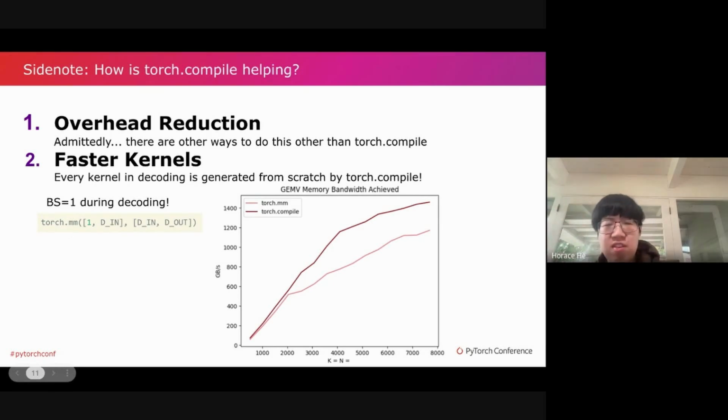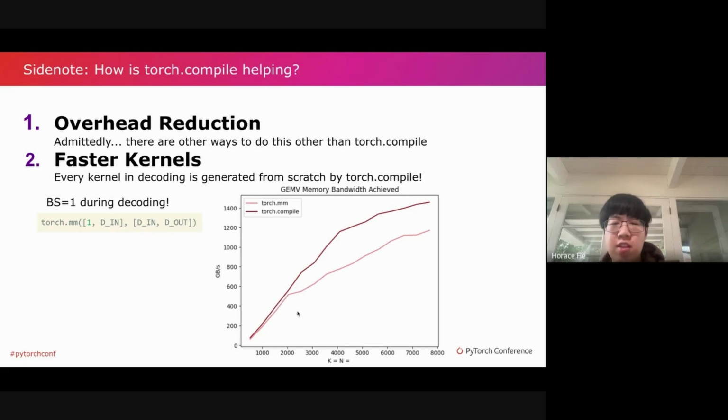This is essentially what's called a matrix vector multiplication. A matrix vector multiplication is completely memory bandwidth bound, i.e., all of the time is spent loading memory from global memory into registers. My guess is that cuBLAS has just not optimized sufficiently for this case.